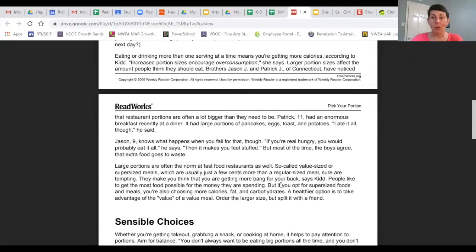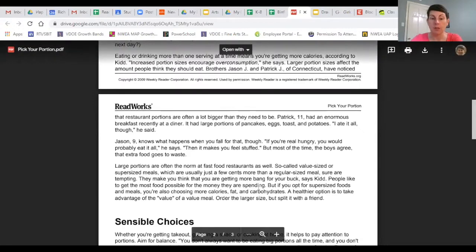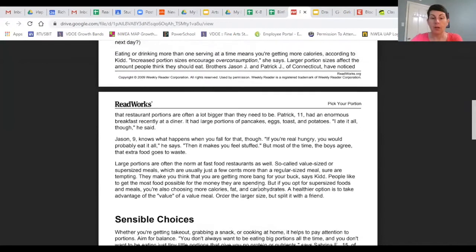I think the conclusion that I can draw is that the fast food companies are trying to make more money because they're charging you a little bit more for the supersized meal.